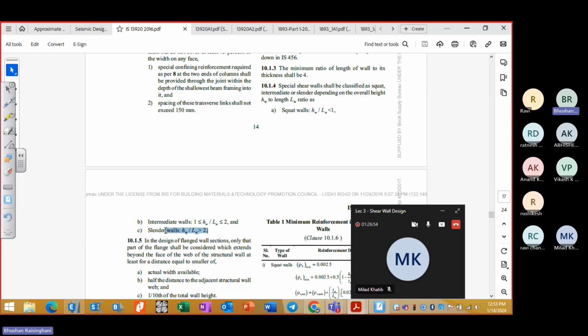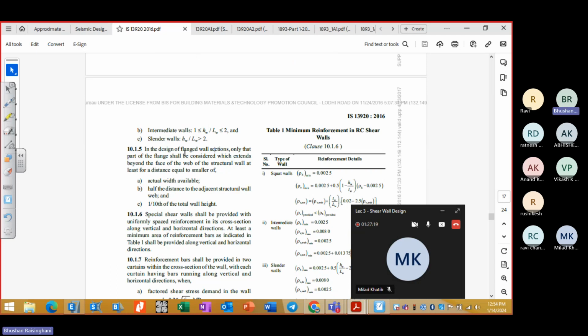And that's why 13920 has given the design of only slender walls. They have not given design of intermediate walls and squat walls. But if you refer to the book of Moehle, he has given the design for all three types of walls that you may come across. So we would be dealing with design of the slender walls in this particular case, as per our IS code.